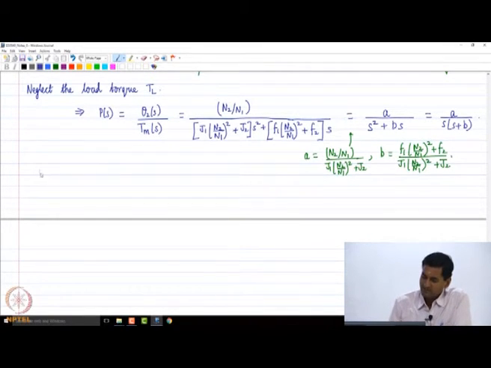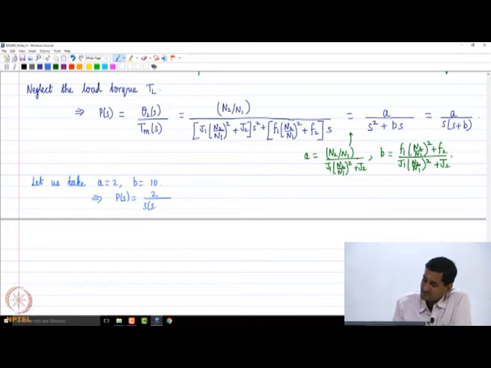So, once again for the sake of simplicity, let us work with some numbers rather than parameters. Let us say we take A to be 2, B to be 10. Okay. So, this implies that the plant transfer function is, let us say, 2 divided by S times S plus 10. Okay.